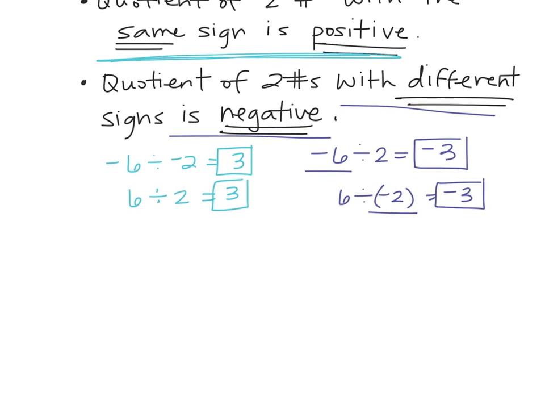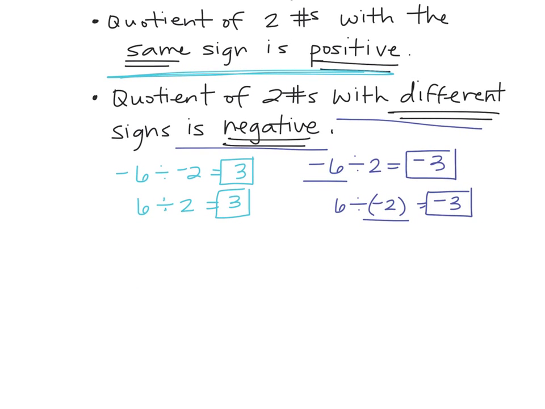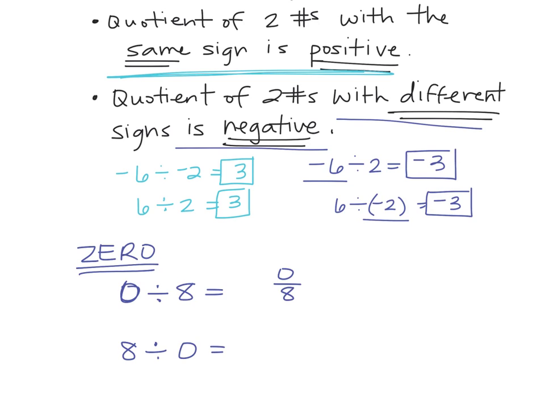We're going to talk a little bit about the number 0 and how 0 comes into play with division. Two things. When you take 0 divided by a number, like 0 divided by 8, versus if I take a number divided by 0, 8 divided by 0.